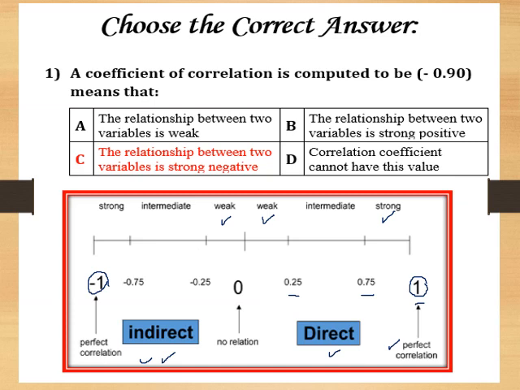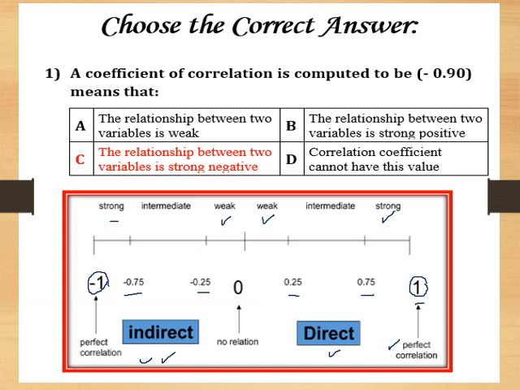If it is between negative 0.25 and negative 0.75, then the relation is intermediate indirect. While if it is between negative 0.75 and negative 1, then the relation is strong indirect between two variables.